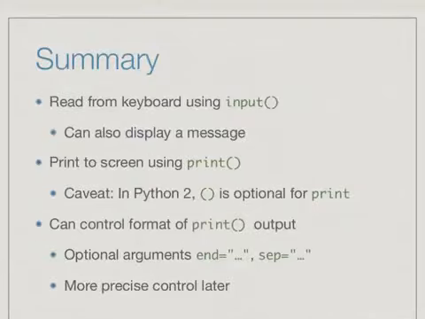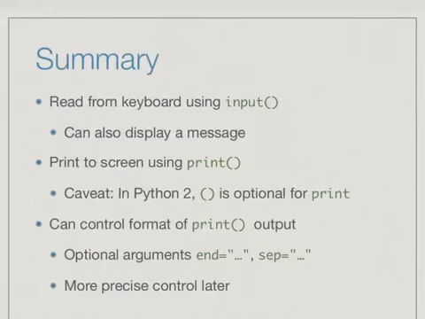So to summarize, you can use the input statement with an optional message in order to read from the keyboard. You can print to the screen using a print statement. Now, we mentioned at the beginning that there are some differences between Python 2 and 3. And here is one of the more obvious differences that you will see if you look at Python 2 code, which is available from various sources.